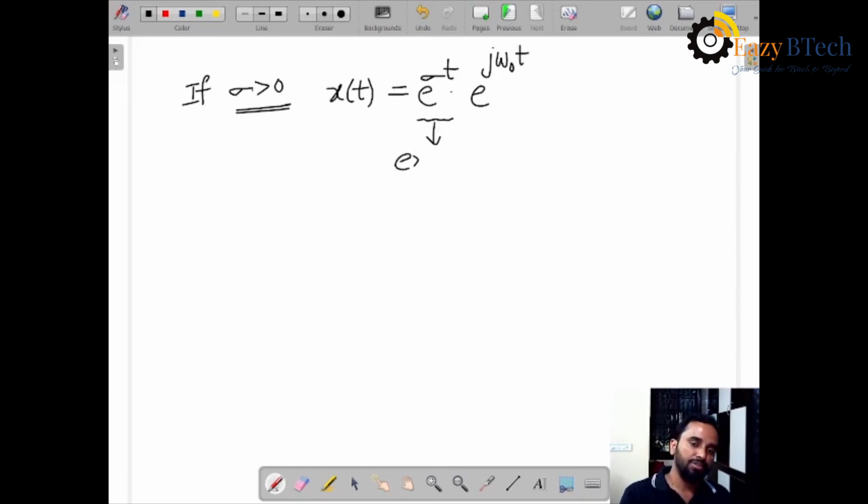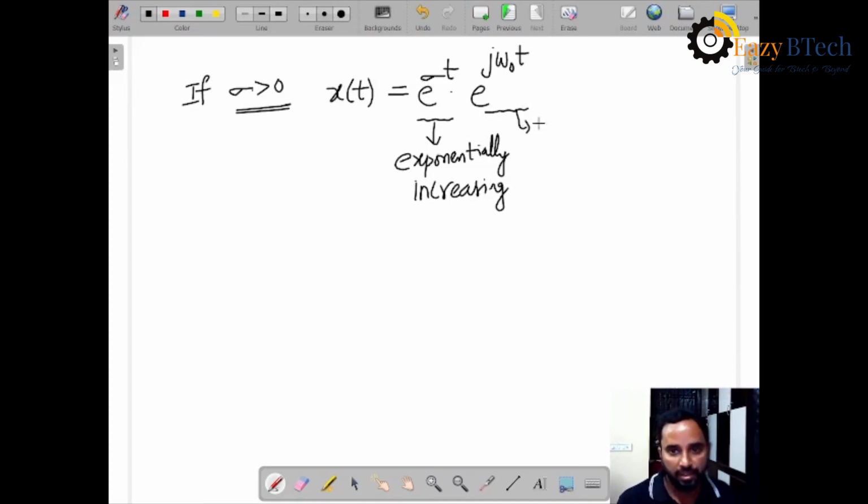Sigma is positive, so you get exponentially increasing. And e power j omega naught t is a sinusoidal. Here we have multiplication, so what is the result we get? Exponentially increasing sinusoidal. That's all.